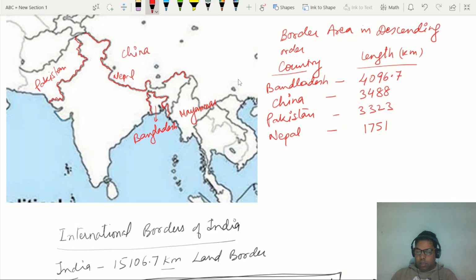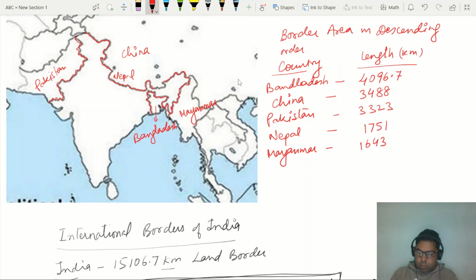After Nepal, this is the border with Myanmar, and we share a border with Myanmar of about 1,643 kilometers.